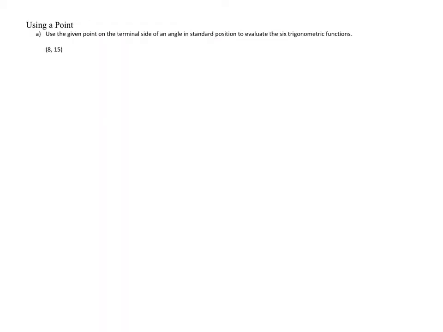Suppose now I'm given a point on the terminal side of an angle in standard position, and I need to evaluate the 6 trigonometric functions. So I'm going to draw that, and this point is at (8, 15).